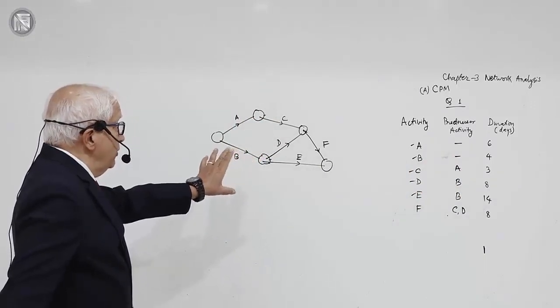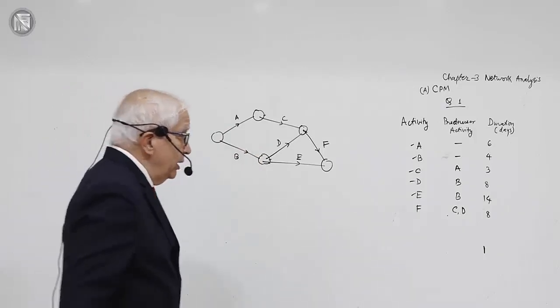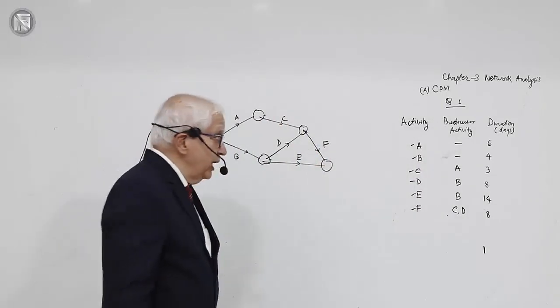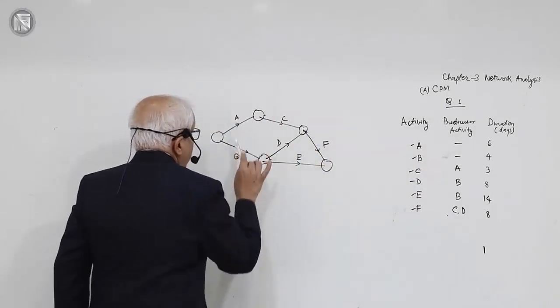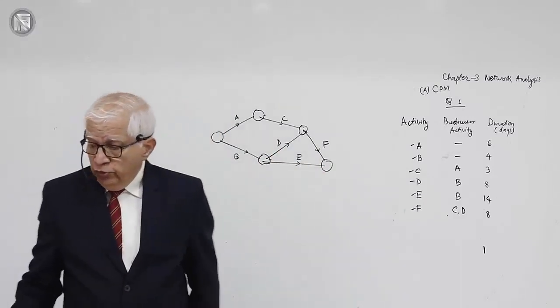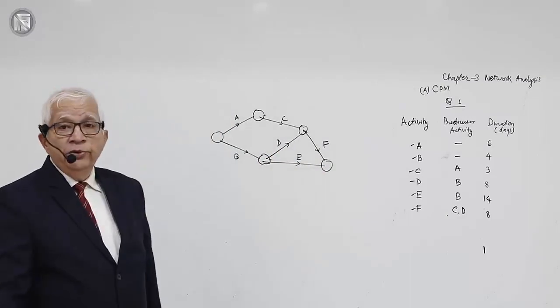Can you see that there are 6 activities in the network diagram given in the first column, and these 6 activities are represented by 6 arrows, and the network diagram is going to look like this. So this is the way to draw the network diagram.